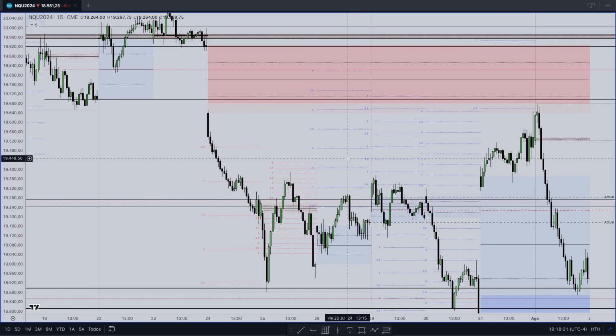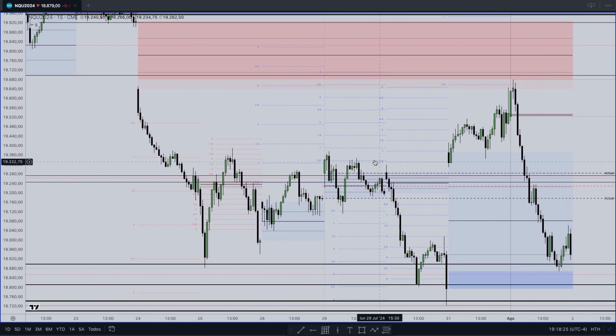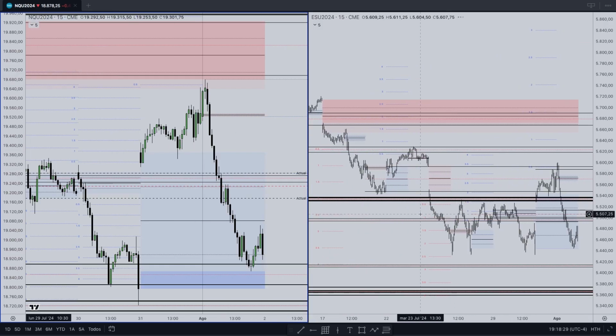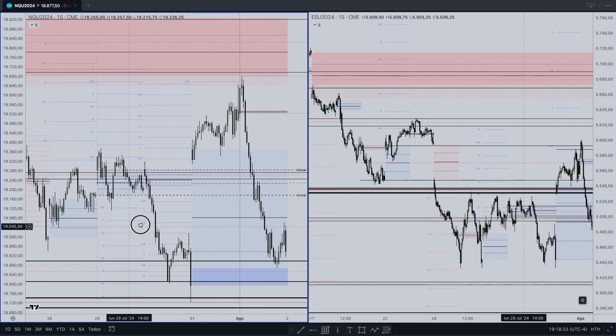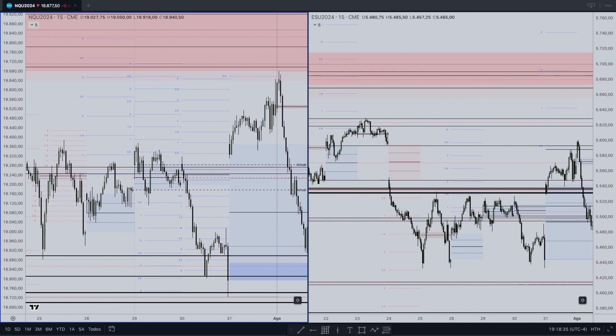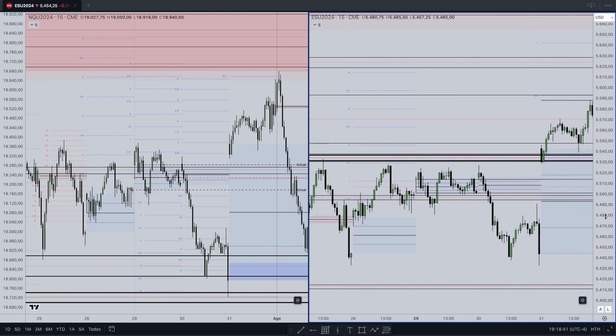Beautiful. So yes, Monday price action. We had SMT here on this day, and these highs, you can see here, look.